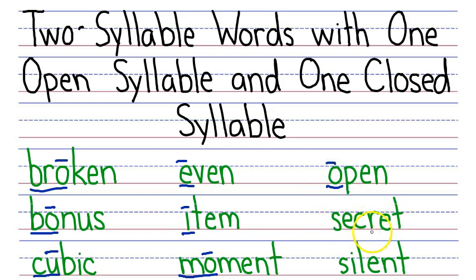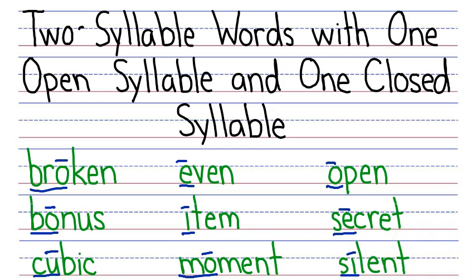In secret, the open syllable is se, because it ends in a single vowel letter, the letter E, that makes a long vowel sound, the long E sound. And in silent, the open syllable is si, because we have a single vowel letter at the end of the syllable, the I, which makes a long I sound.